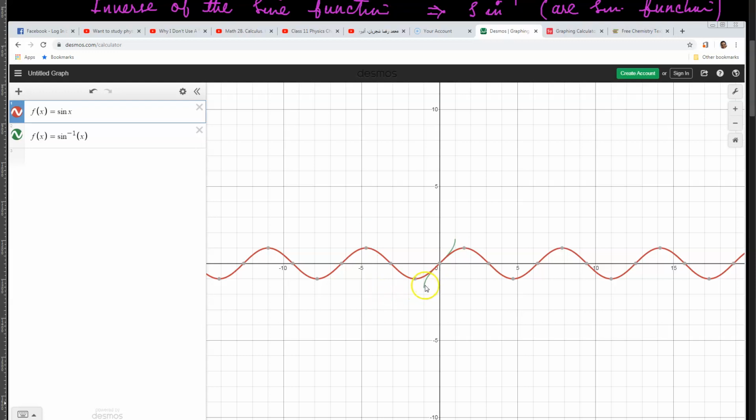As you can see, we got a branch over here for the interval negative π/2 to π/2, for example. And relative to any other domain that you choose in the sine function, you would get some other branch, meaning that the function would be transferred up and down the y-axis, but between the same x's, negative 1 and 1.